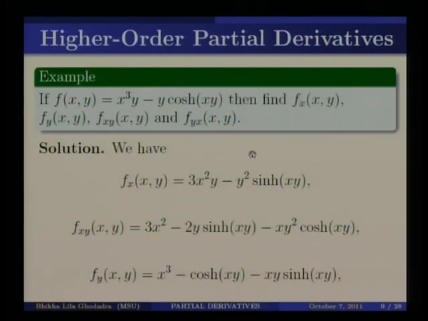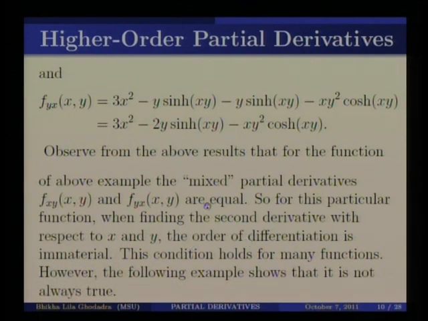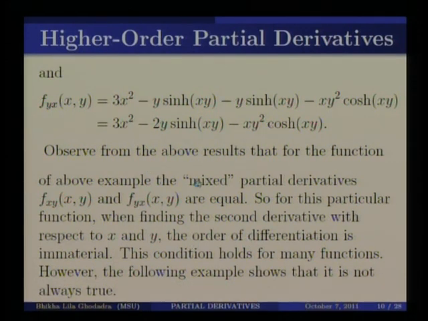You can see again that the right-hand sides of these two are the same. That means the mixed partial derivatives fxy at xy and fyx at xy are equal. So for this particular function, when finding the second partial derivative with respect to x and y, the order of differentiation is immaterial.